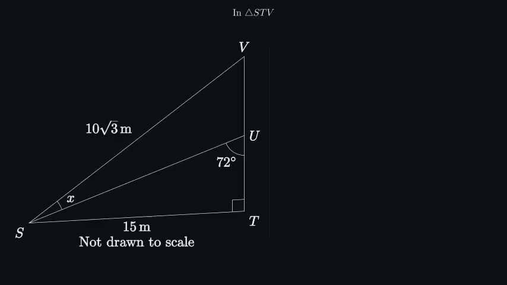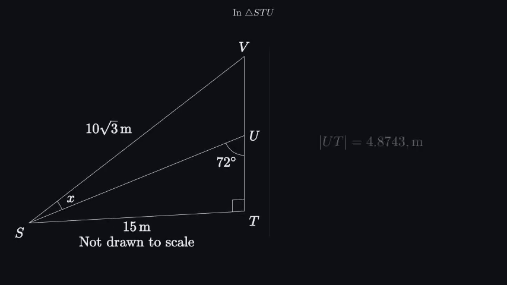The area of a triangle is half times base times height. So the area of the large triangle, STV, is 64.9523 m squared. For the smaller triangle, STU, we already found UT equals 4.8743 m. So the area of triangle STU is 36.5573 m squared.